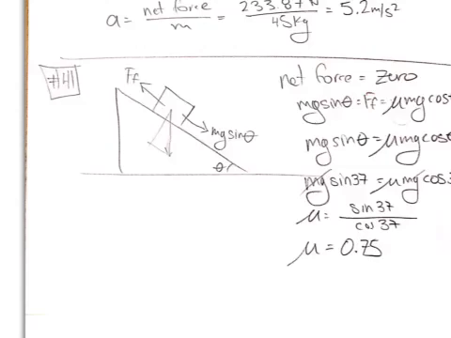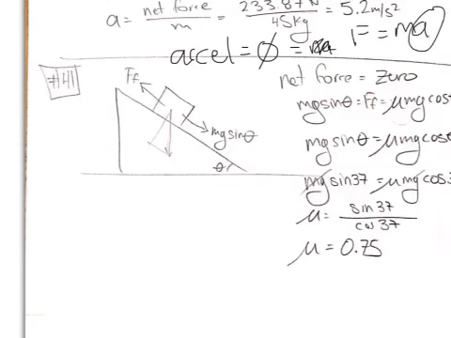So if it's a constant speed, the acceleration is 0, in which case, from F equals ma, if the acceleration is 0, the net force has to be 0. That's where we get this. Net force equals 0.